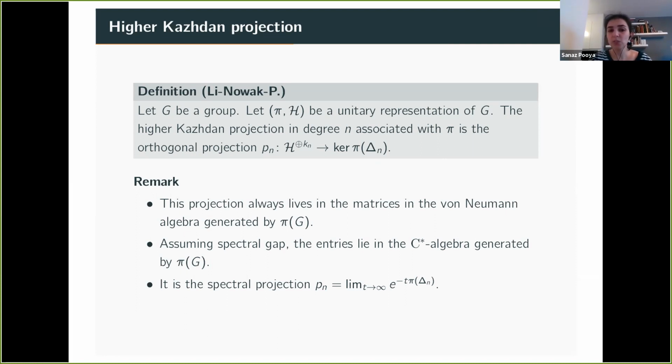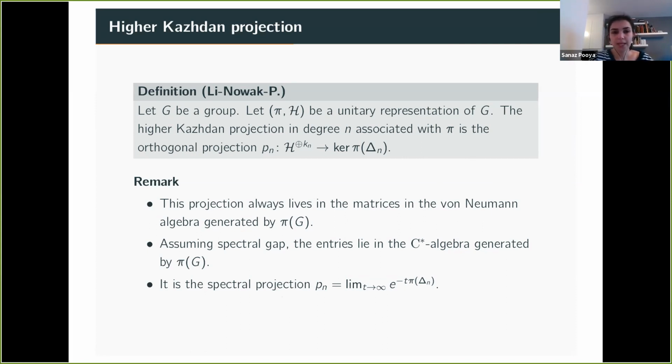So in this case, we assume spectral gap, and this will produce an element inside the matrices over the C-star algebra generated by pi g. And as such, this is in fact the heat semi-group projection that we have seen that has appeared naturally in other contexts.